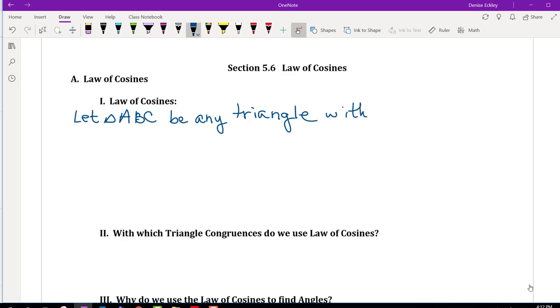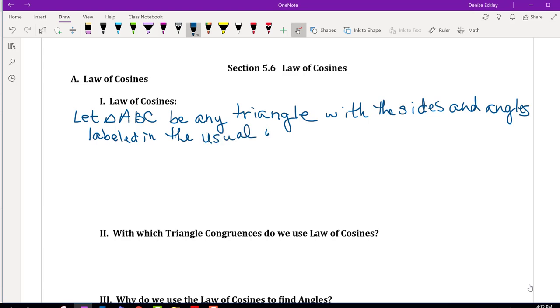And we're going to assume the sides and angles are labeled in the regular way. Like we stated in the law of sines, capital A, B, and C are the angles, and little a, b, and c are the sides opposite those angles.